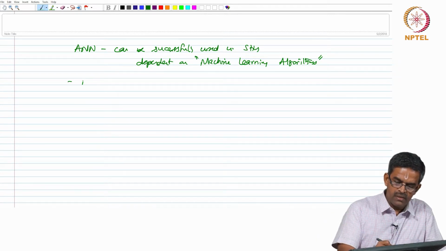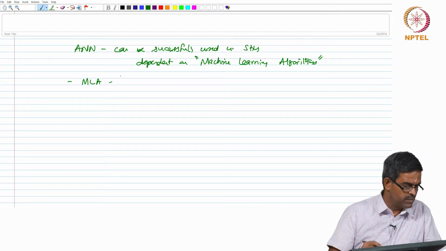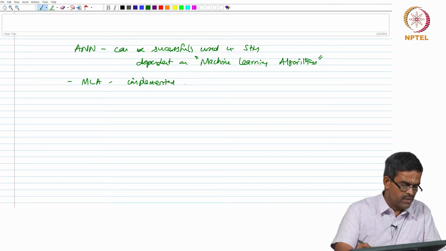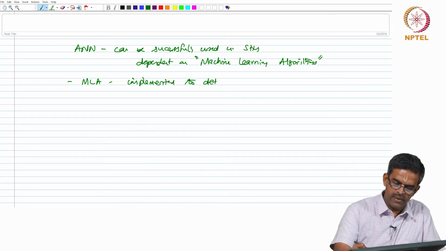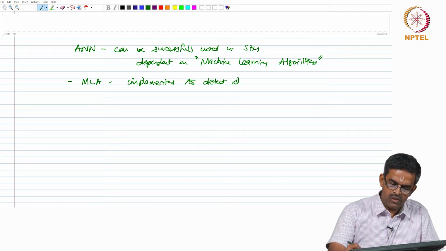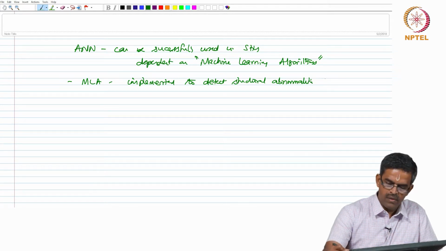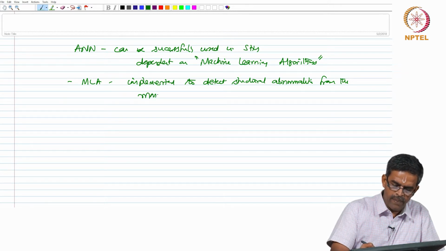Generally, the machine learning algorithms are implemented to detect structural abnormalities from the monitoring data.